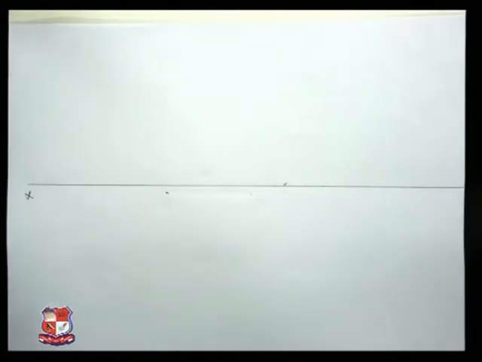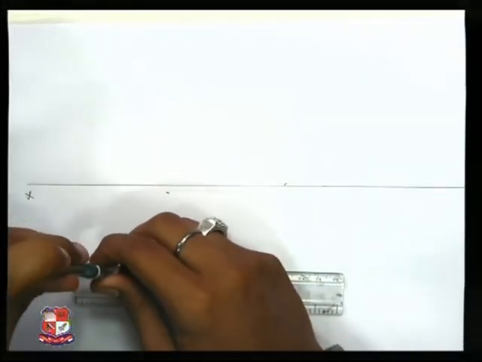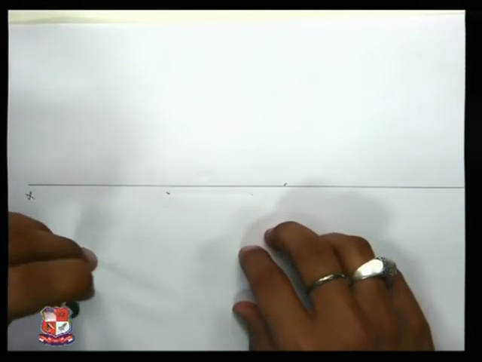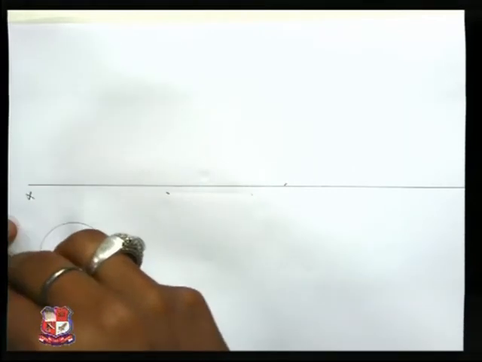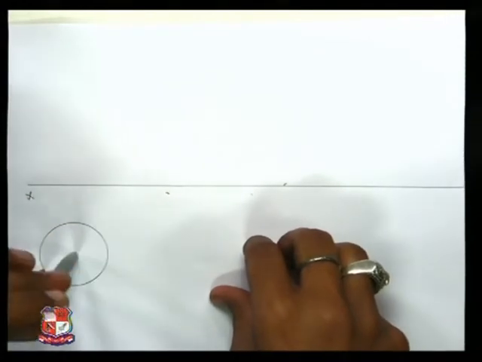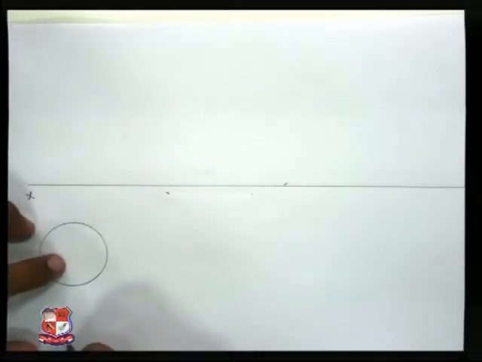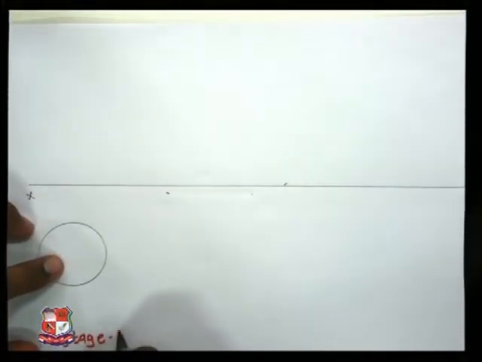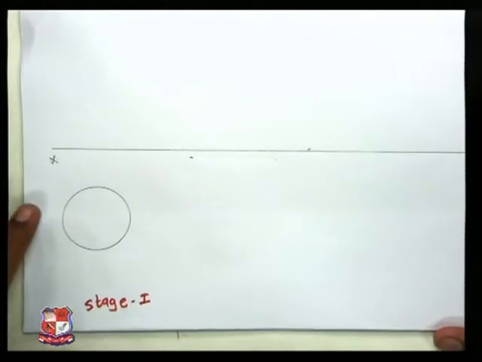A thin plate of 40 mm diameter means that a circle of 20 mm radius needs to be drawn. This would be our stage 1.